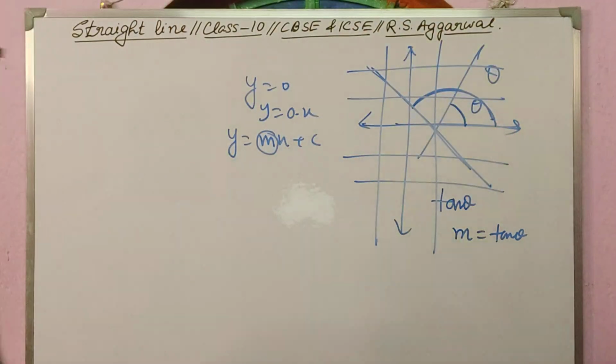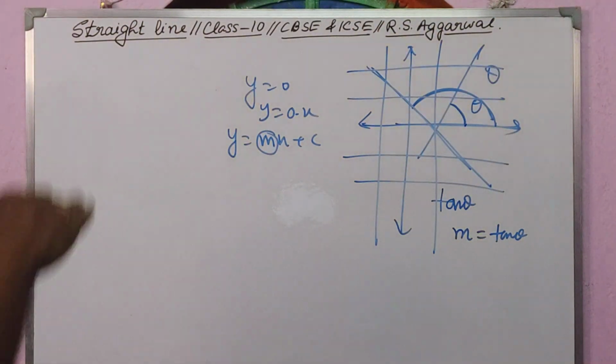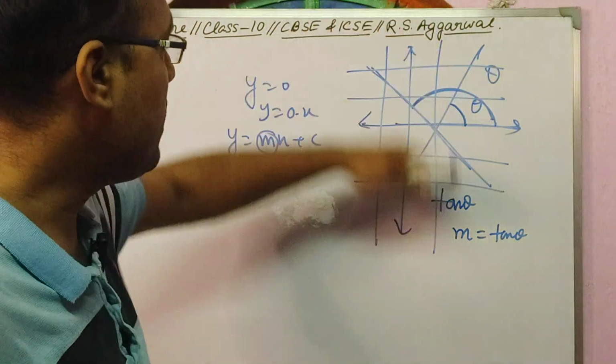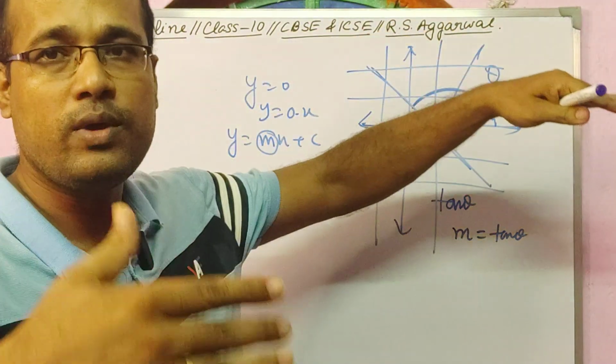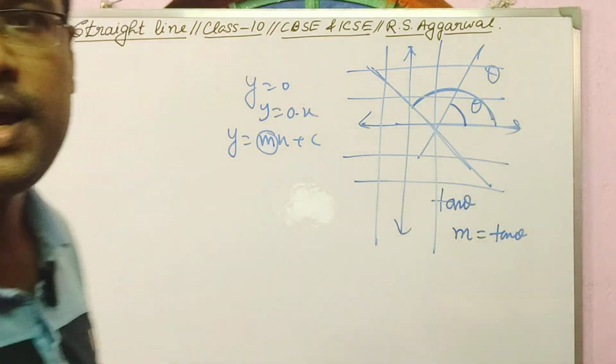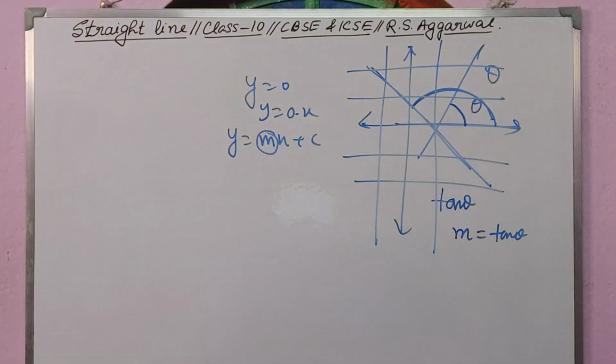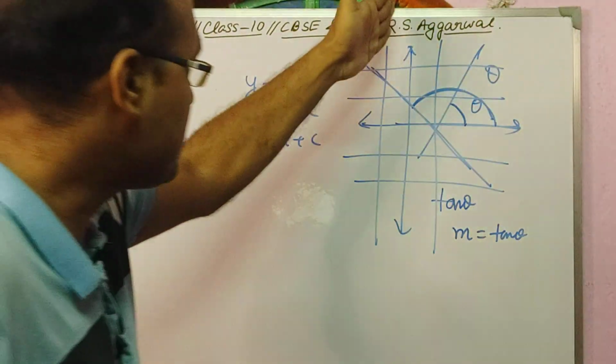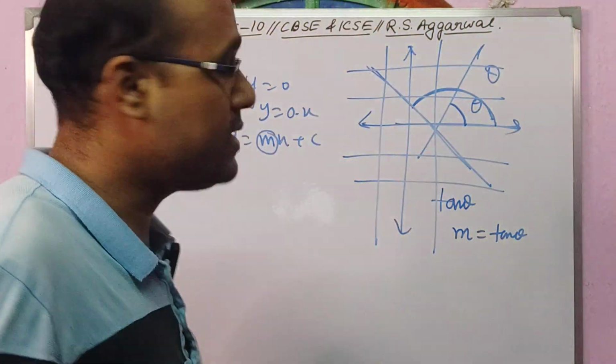The equation of the x-axis is y is equal to 0, and any line which is parallel to the x-axis will be y is equal to a, or y is equal to b, or y is equal to minus a, minus b, like this. Any line that is parallel to the y-axis is x is equal to a, and the equation of the y-axis is x is equal to 0.